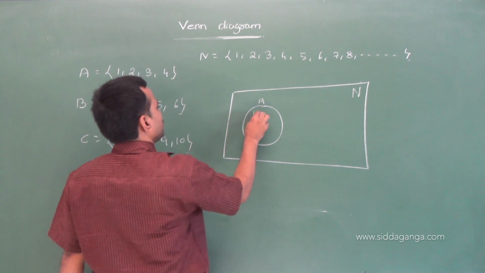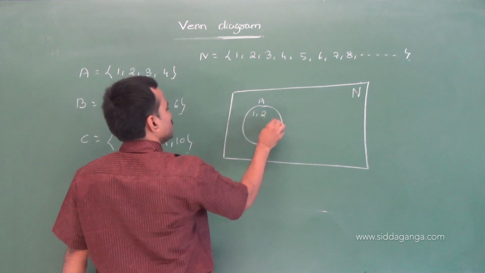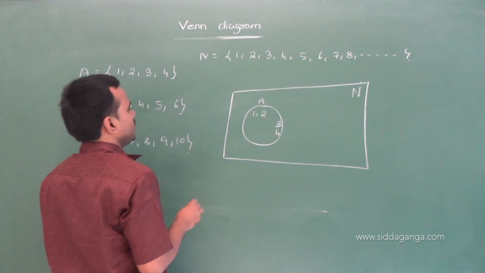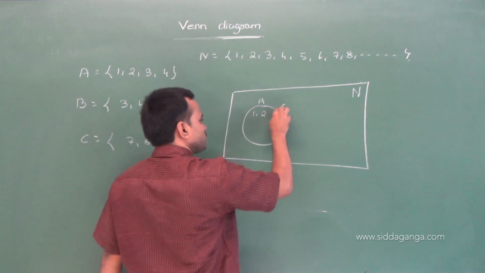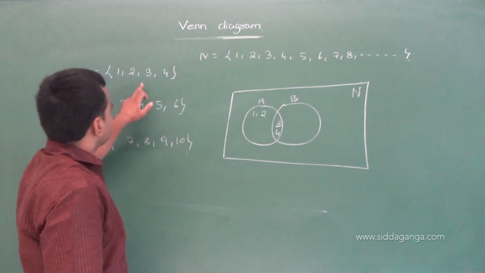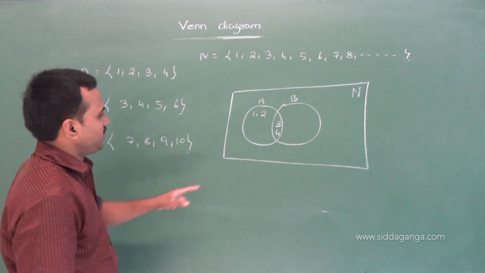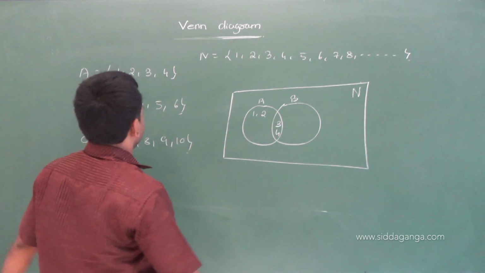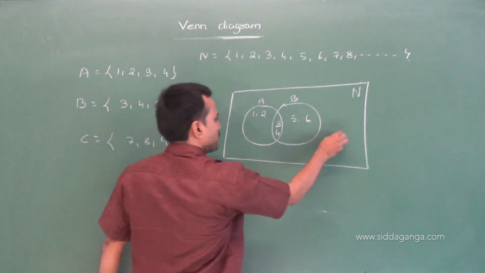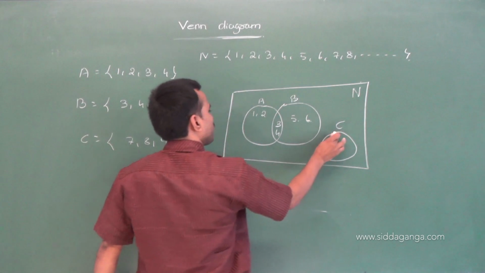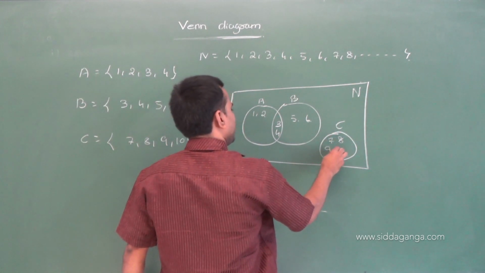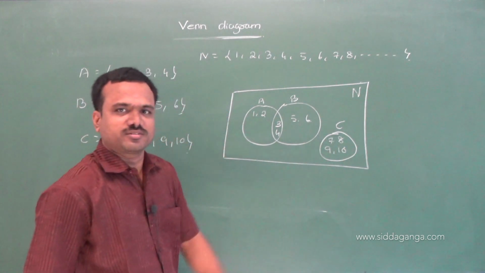It contains 1, 2, 3, 4, and set B, because 3, 4 is common in both A and B. That's why this is common in both A and B. 5, 6, set C, 7, 8, 9, 10. Observe here.